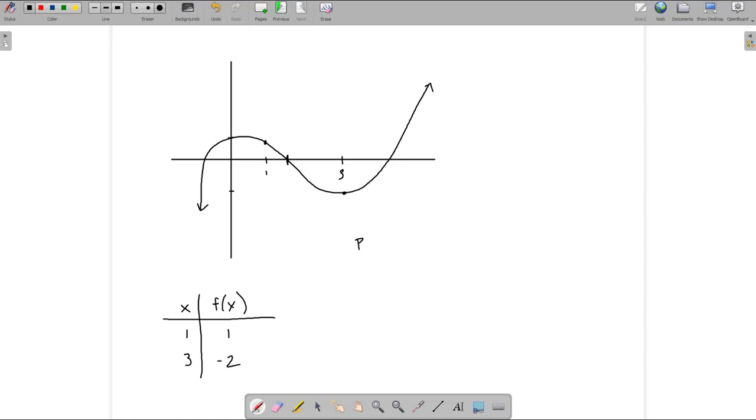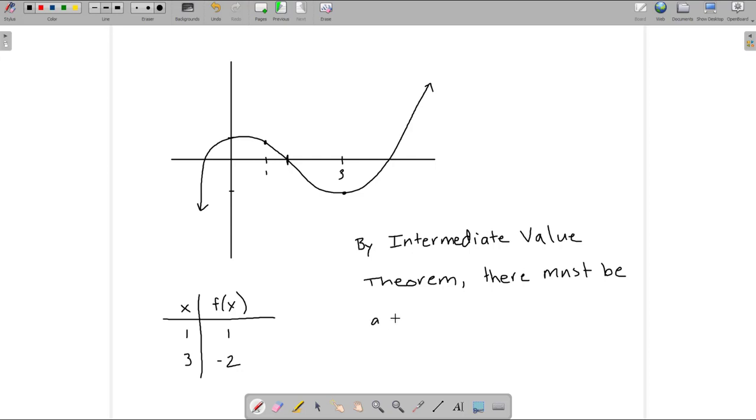So by intermediate value theorem, there must be a 0 between x equals 1 and x equals 3.